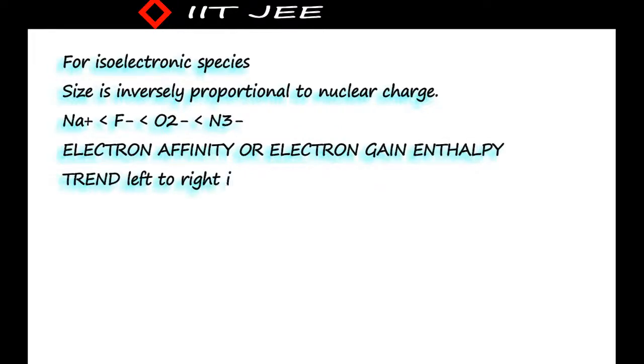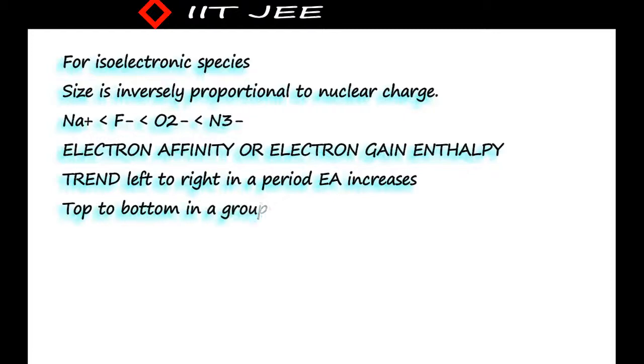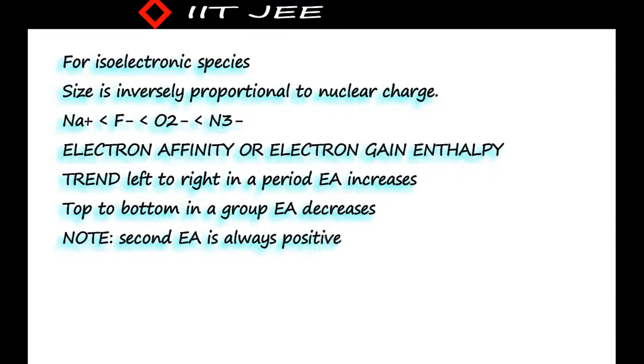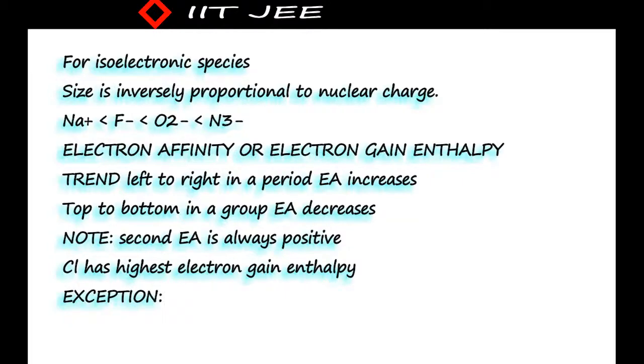Electron affinity or electron gain enthalpy. Trend of electron affinity. Left to right in a period, electron affinity increases, and top to bottom in a group, electron affinity decreases. And note, second electron affinity is always positive. Chlorine has the highest electron gain enthalpy.